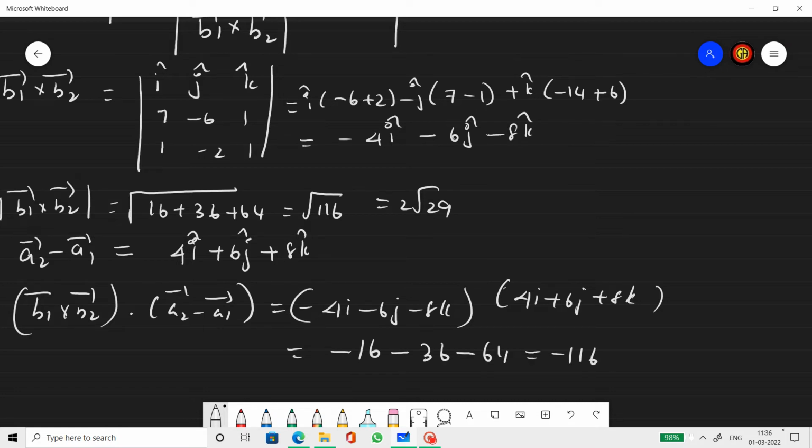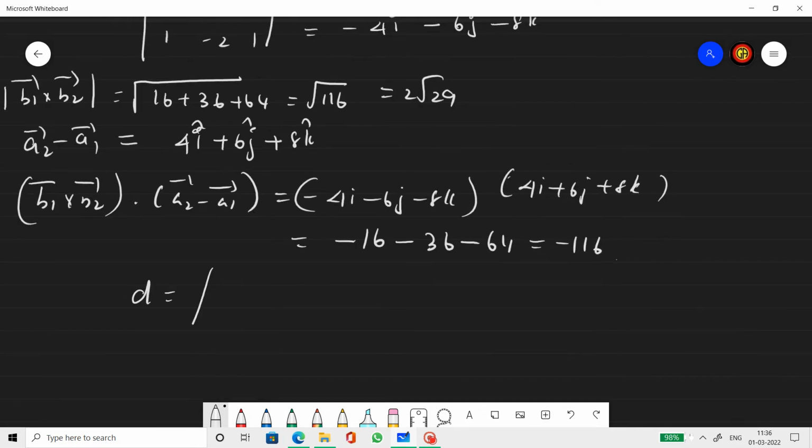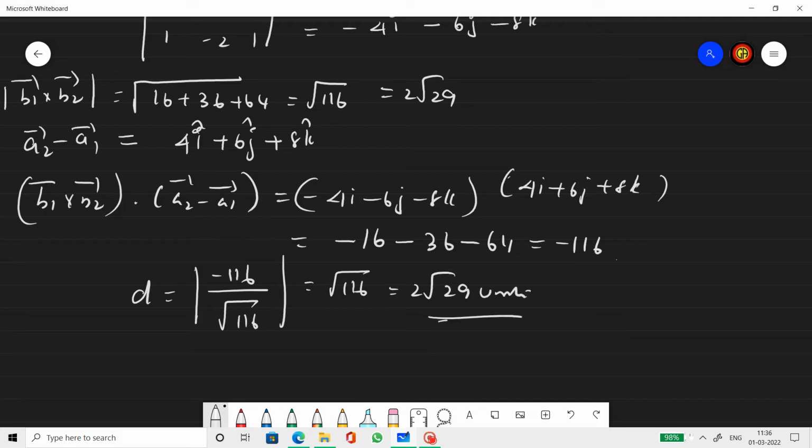So we get minus 116. Distance equals the magnitude of minus 116 by 2 root 29, right? So if you cancel, the answer would be root 29 units. Since distance cannot be negative, the modulus will take out the minus. Okay, so this is how we find the distance between skew lines. Understood?